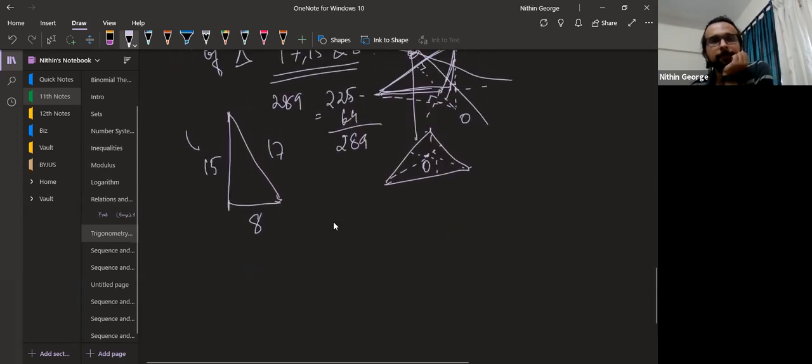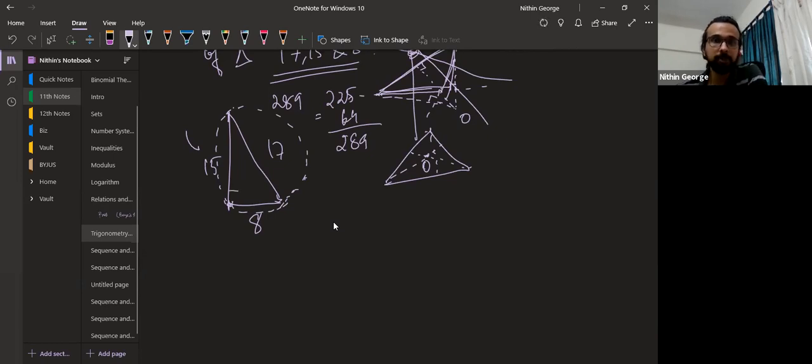Now, what is happening here? In a right triangle, the circumcenter can also be looked at as the center of the circle inside which the triangle is drawn. There's only one such circle. That's called the circumcircle, and the center of that is the circumcenter.